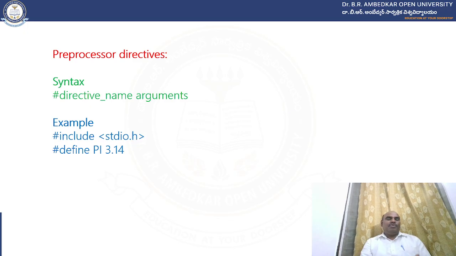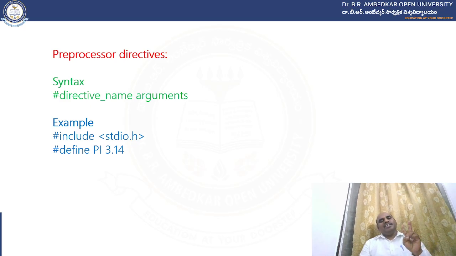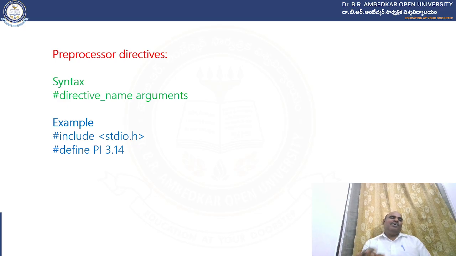These are the two important points we have to remember whenever we are using preprocessor directives: at the beginning a hash is there, at the ending no semicolon. Always remember these two things whenever you use preprocessor directives. This syntax is very easy, no need to learn it by heart.